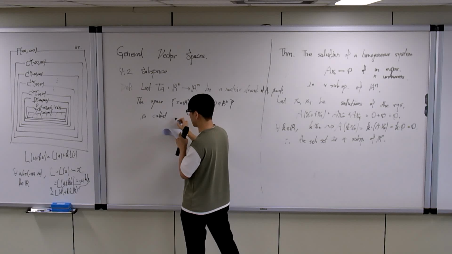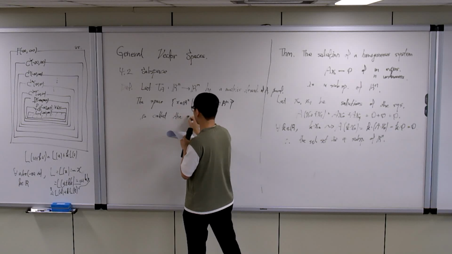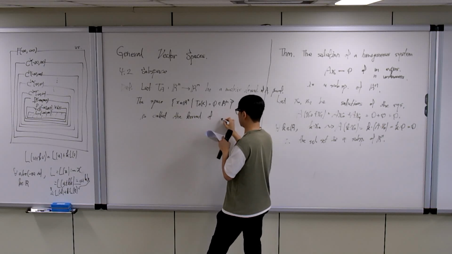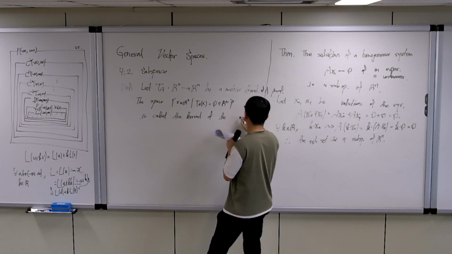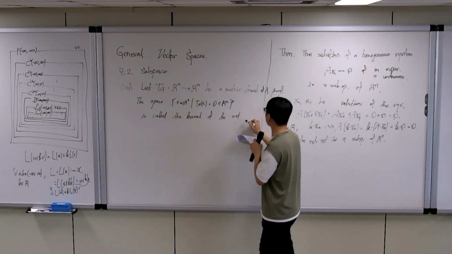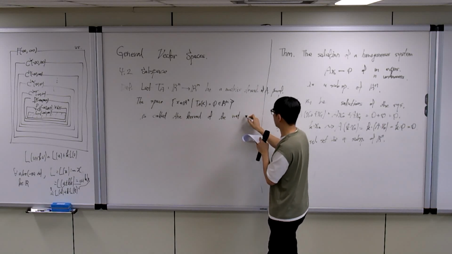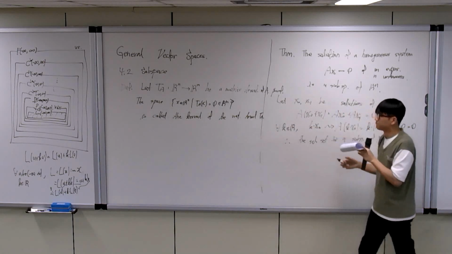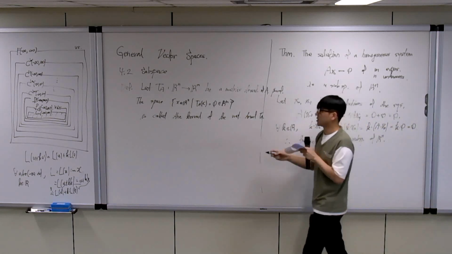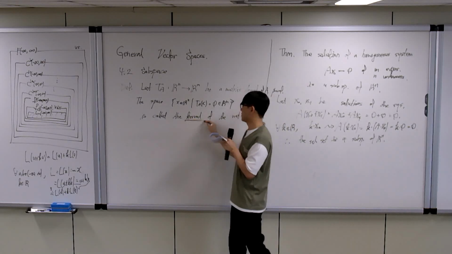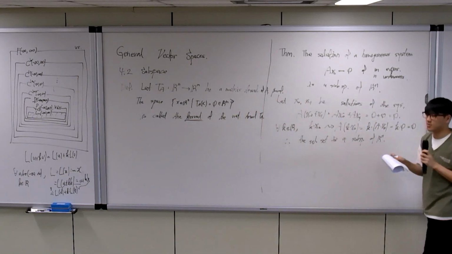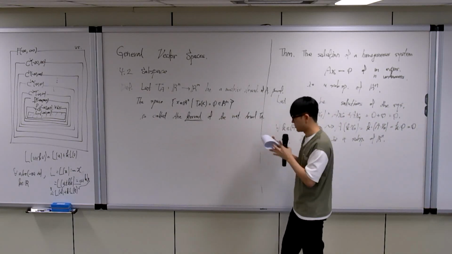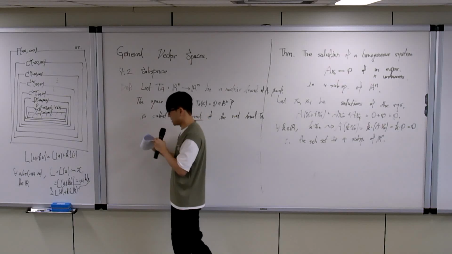So it is called the kernel of the matrix transformation T sub A. And this kernel is a quite useful object, and so I want to focus on that.